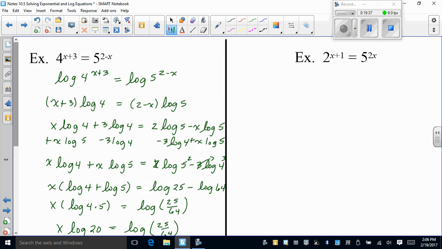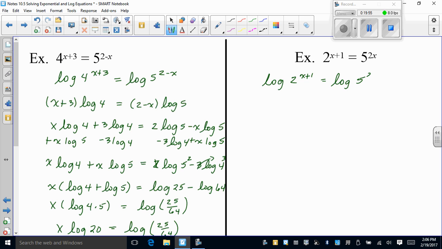Okay, the next one, same thing. Log of 2 to the x plus 1 power equals log of 5 to the 2x power. Bring the powers down.